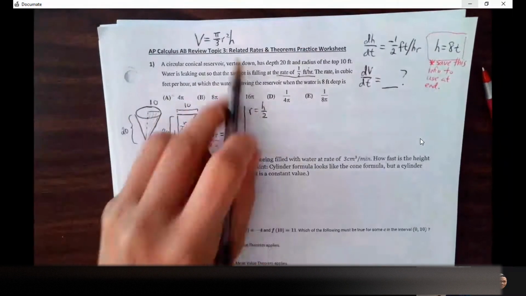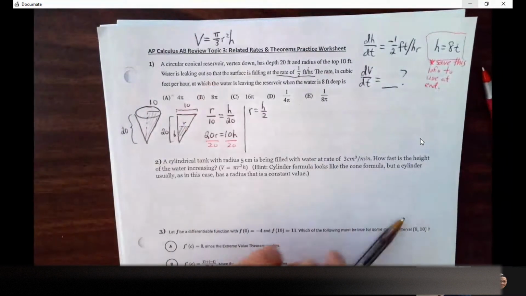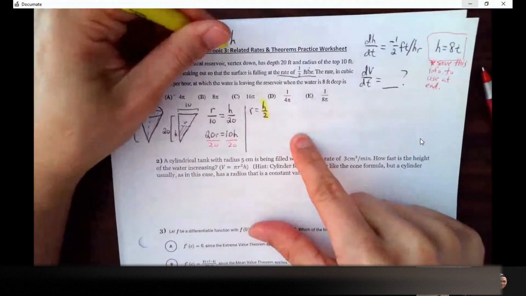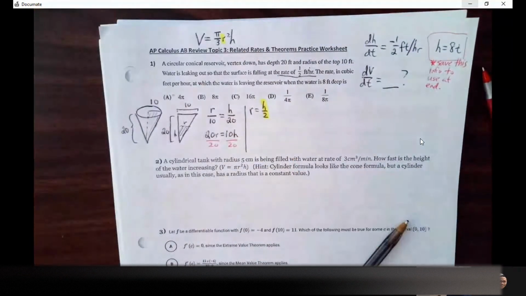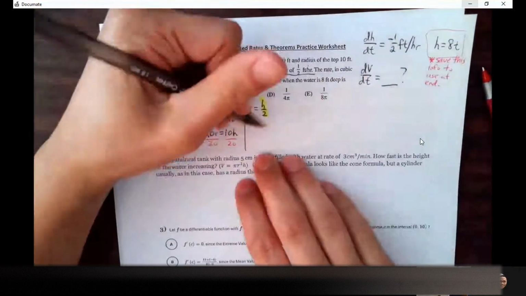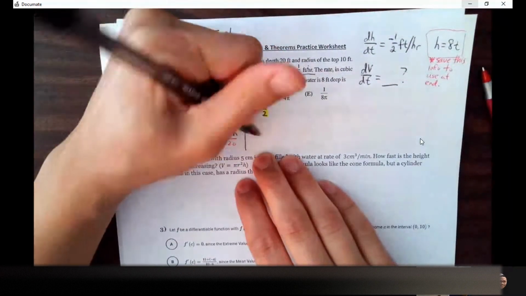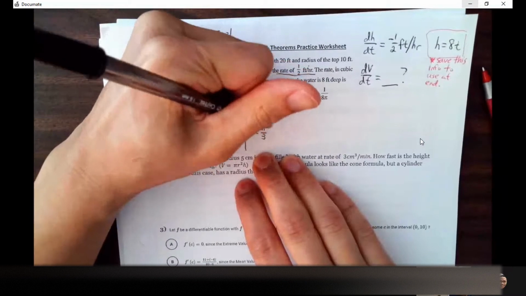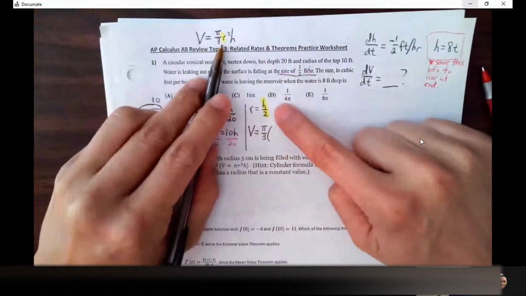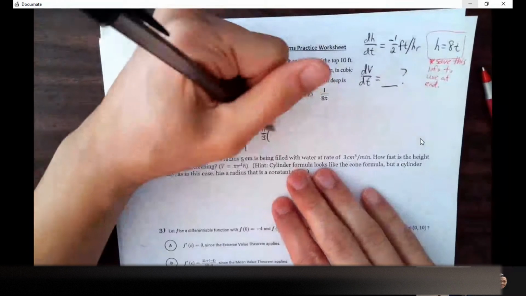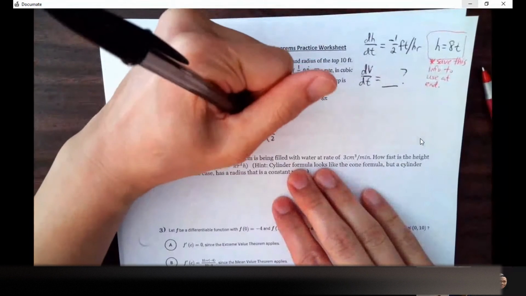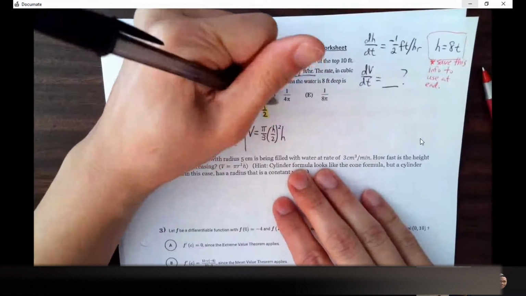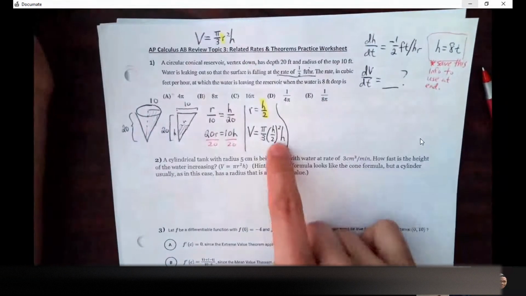So I'm going to substitute this information in for R. I'm going to rewrite my volume equation, getting it down to one variable on the right side so that I have an easier time with my derivative. Replace R with H over 2. Clean this up.